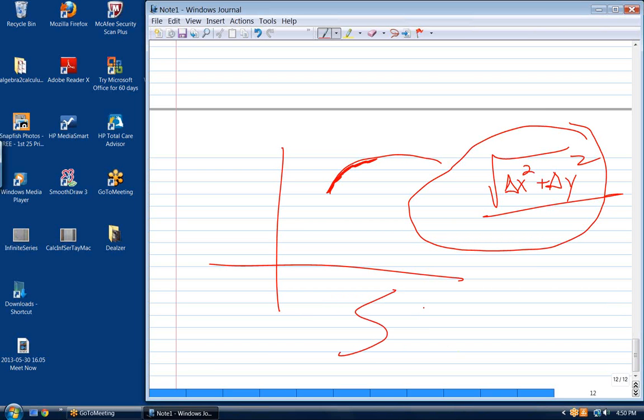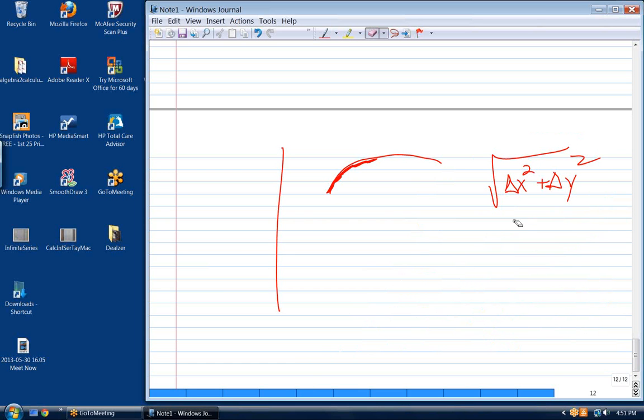If I remember right, the formula for arc length is the square root of 1 plus (dy/dx) squared, dx, right? I think that's it. Or it can be the square root of 1 plus (dx/dy) squared, dy. Either one works for arc length. That's what makes arc length tough.